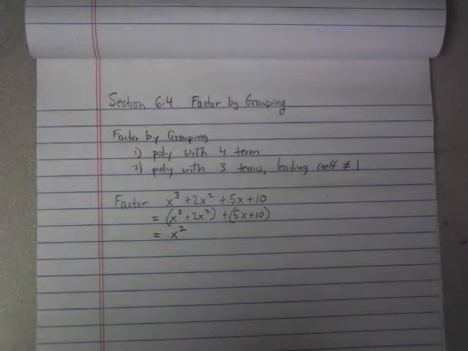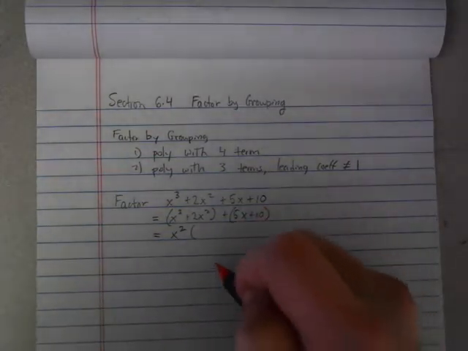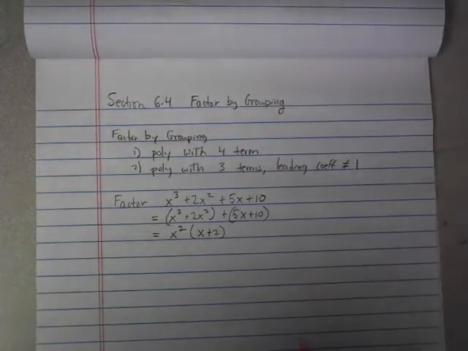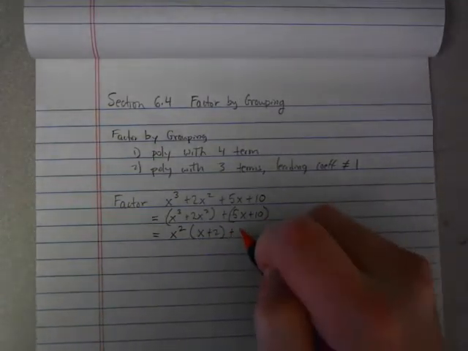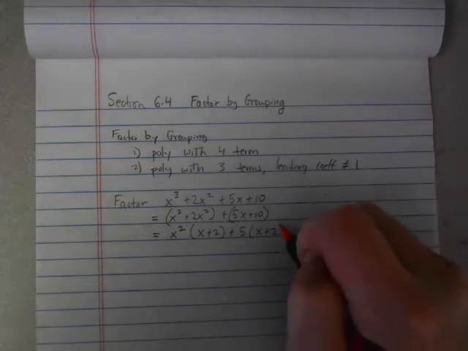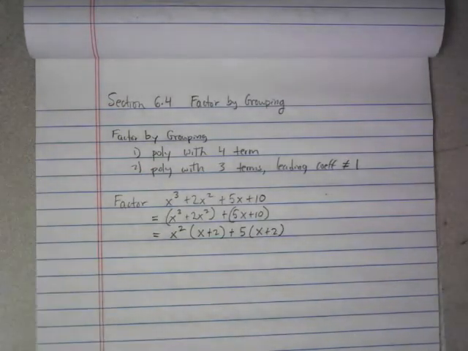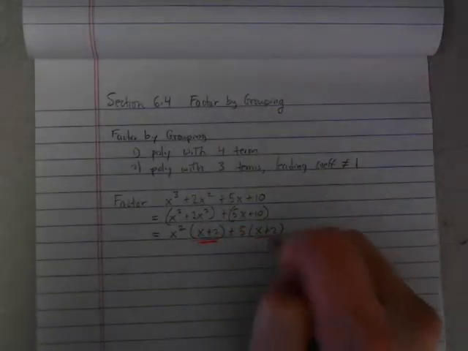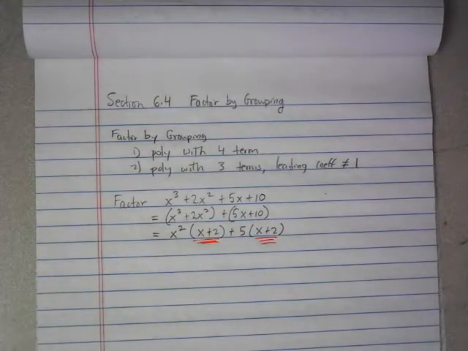So I factor out x squared, and left over is x plus 2. And in the second group, I notice that 5 is common. Left over is x plus 2. Now, if you have done it correctly, whatever is in those parentheses has to exactly match whatever is in those parentheses over there.